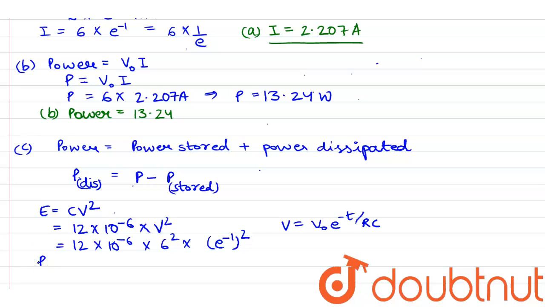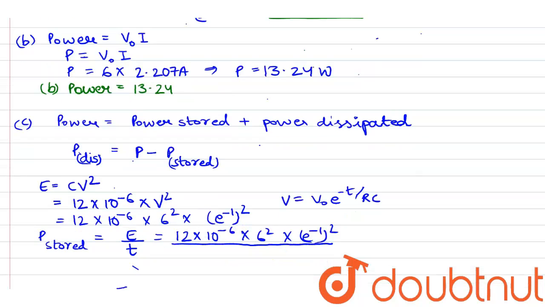So the power stored is going to be equal to energy stored upon time. We are given the time as 12 milliseconds. So we'll put in both the values. It is going to be 12 into 10 raised to power minus 6 into 6 square into e raised to power minus 1 whole square upon 12 milliseconds.